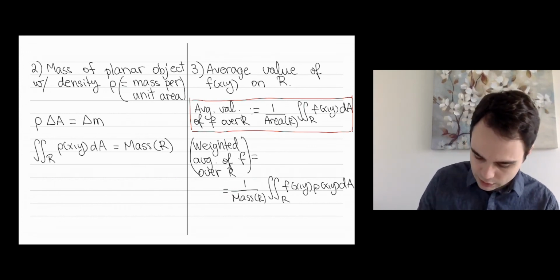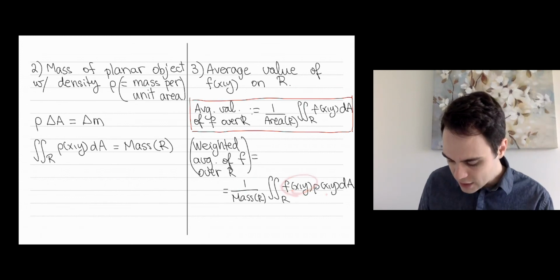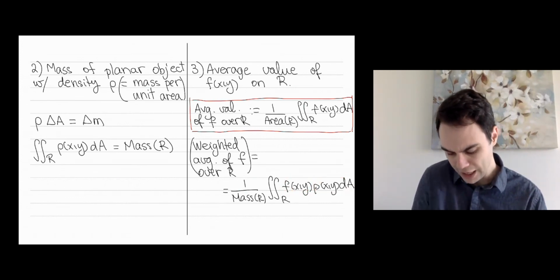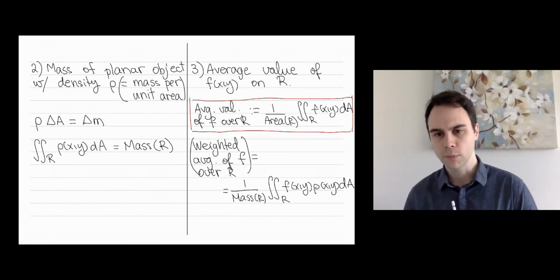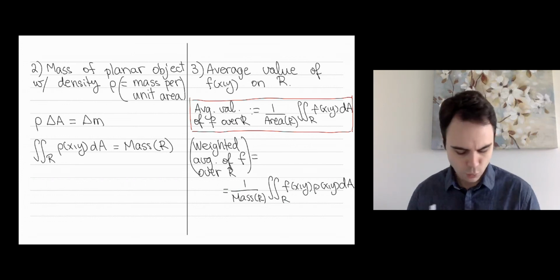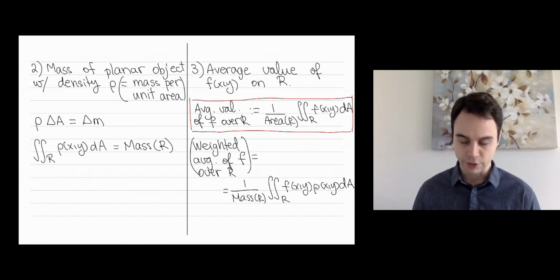Right, so you integrate the function, and the weight you give to each value of the function is the mass of a little piece of the surface rather than the area of the little piece of the surface. Sometimes it's preferable to weight by mass rather than by area.